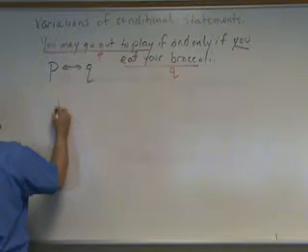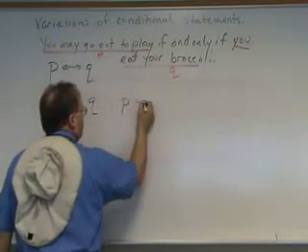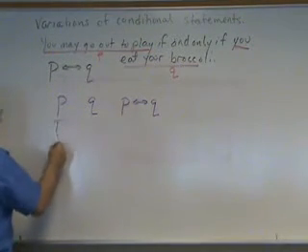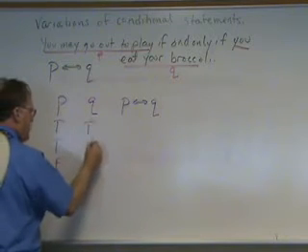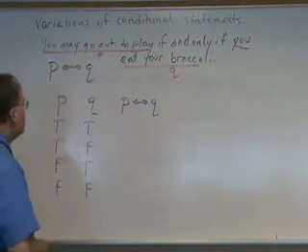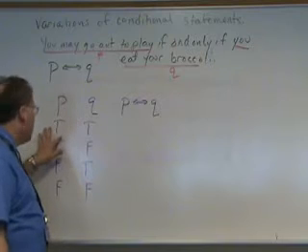So here is P, here is Q, here's P if and only if Q: true, true, false, false, true, false, true, false, okay? So, you may go out to play if and only if you eat your broccoli.